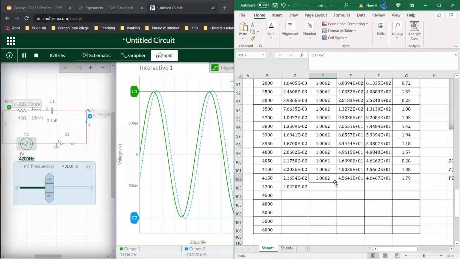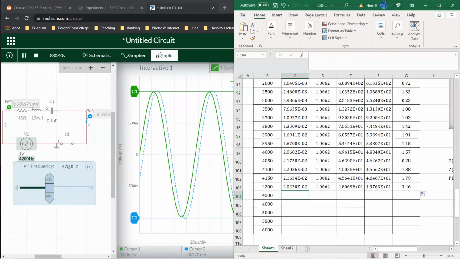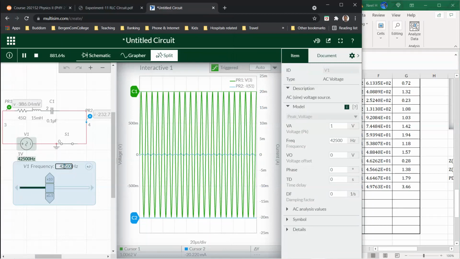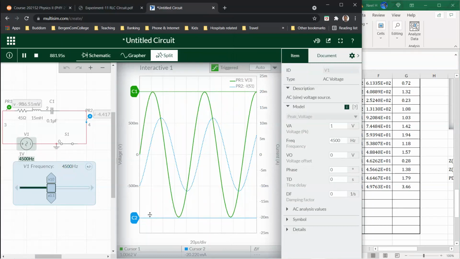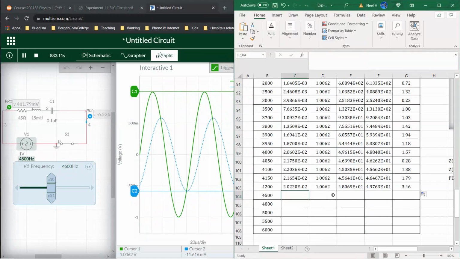Okay, and accordingly the impedance should now start to increase slowly, okay? Let's check 4500. 4500, 11 milli now. So the current is now decreasing by a large amount, okay?